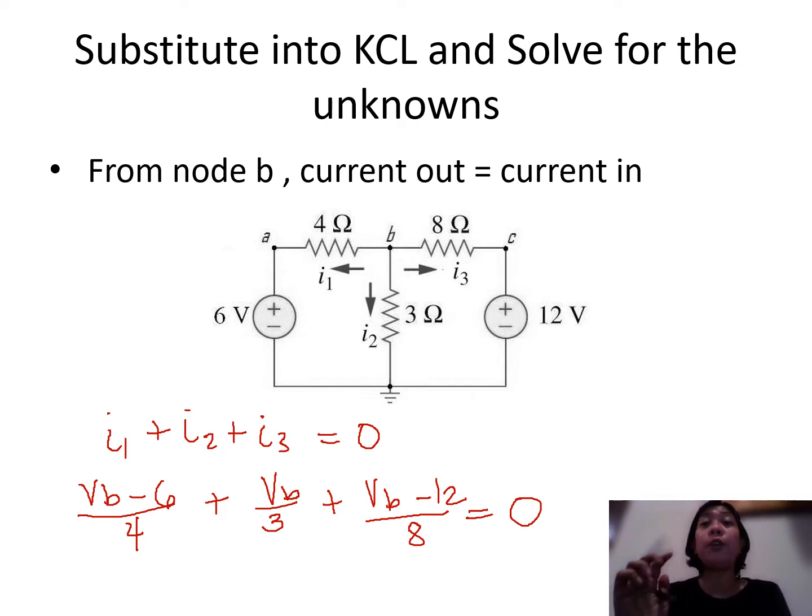Therefore, we have to solve for 2 simultaneous equations. But look, if we're going to solve this using nodal analysis, we can solve for your I1, I2, and I3 using one equation only. Because in this equation, you only have one unknown, which is your VB. So once your VB is solved, we can easily solve for I1, I2, and I3.